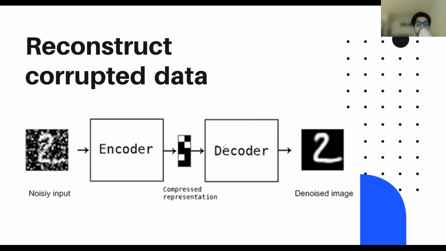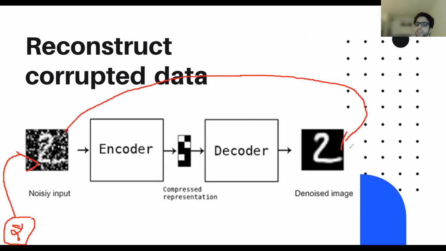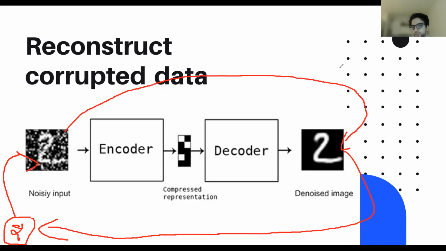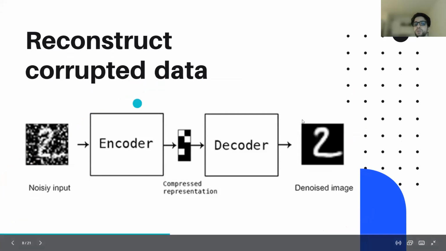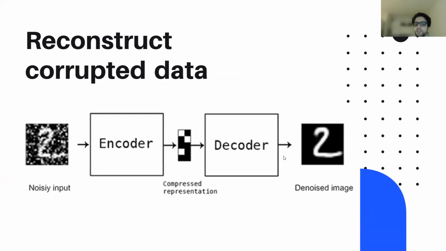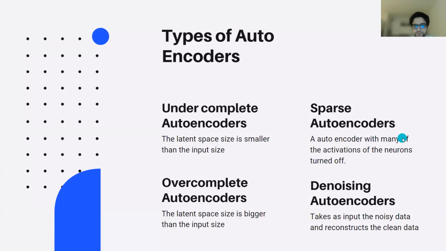So what you simply do is you first take the original image, very clean, and then you apply some noise on that image, and that's going to be the noisy input that will be sent to the encoder, and the decoder will be asked to reconstruct not the noisy input, but the clean version of it. With enough data and with enough training time, this will be a denoising autoencoder, something that will take noisy images and give you something a bit clearer.